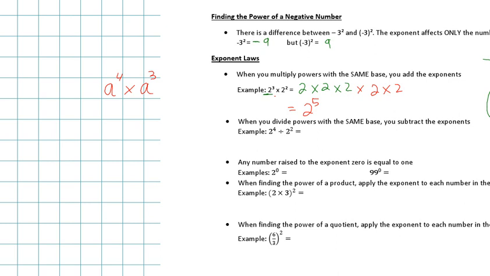So the base is whatever is the bottom letter or number. Good. Now, if I want to expand this, that's a times a times a times a, correct? And then multiplied by a times a times a. You guys agree with me, right? Yes. So that altogether is a to the power of 7.